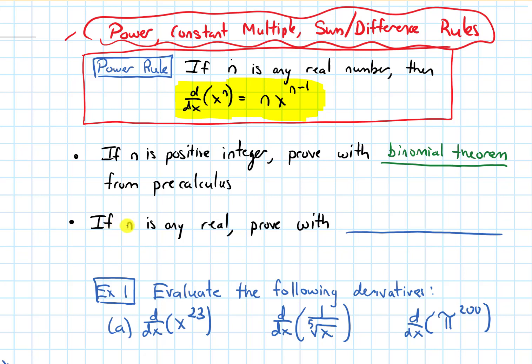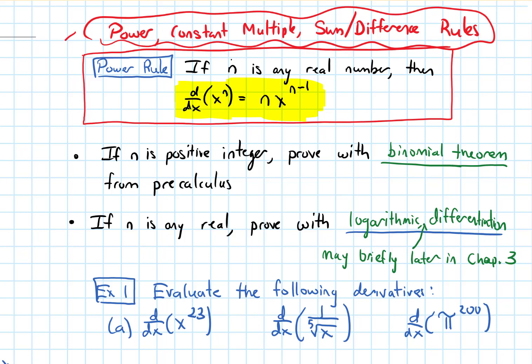In the case where n is any real number, not just a positive integer, it's still true, and we could prove that using a technique called logarithmic differentiation. This technique, we may briefly see later in this chapter, chapter 3.